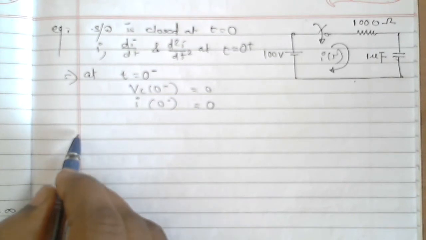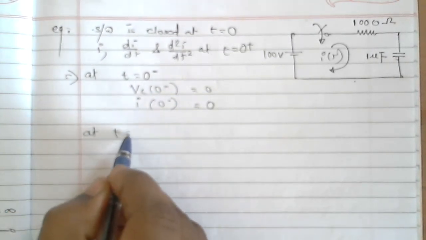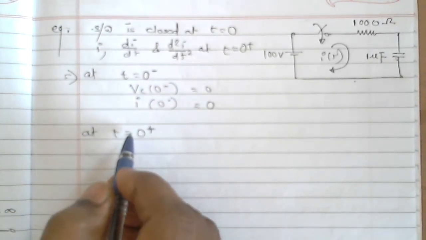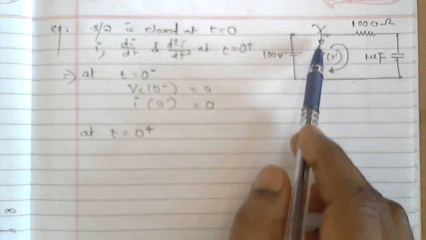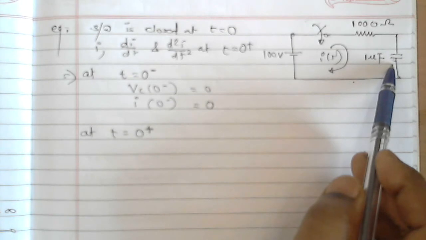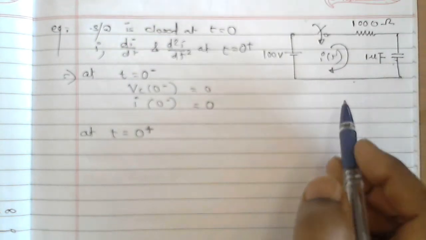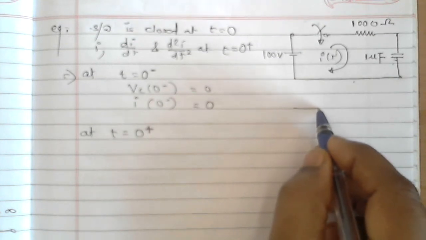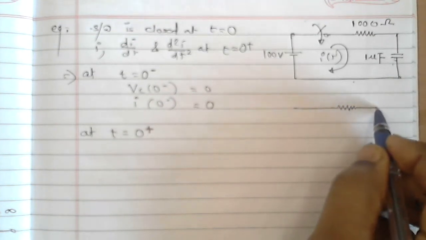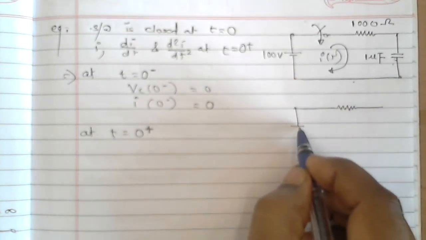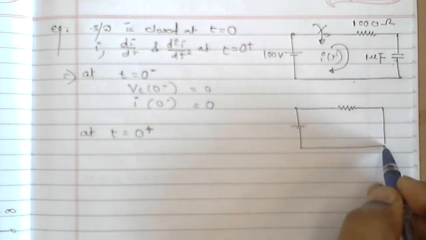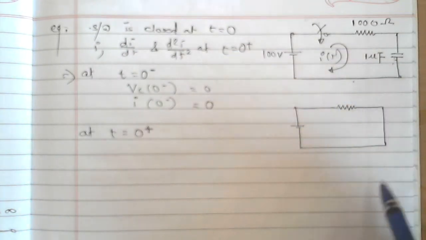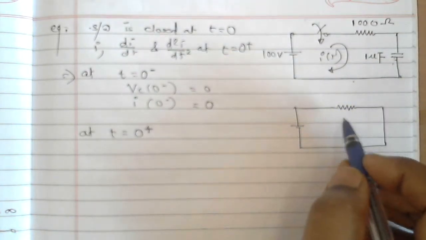Now next, draw another circuit at t equal to 0 plus. For t equal to 0 plus, the switch is closed. When the switch is closed, the capacitor will oppose a sudden change in voltage, so it will act as a short circuit. You can see the circuit which we have drawn. The capacitor tries to maintain 0 voltage because initially it had 0 voltage.